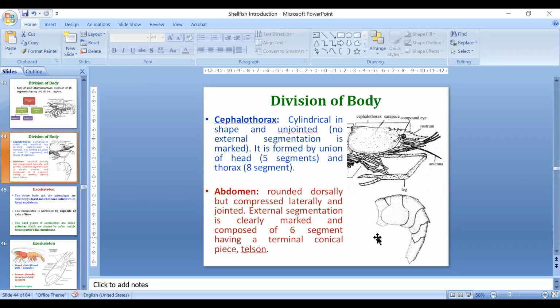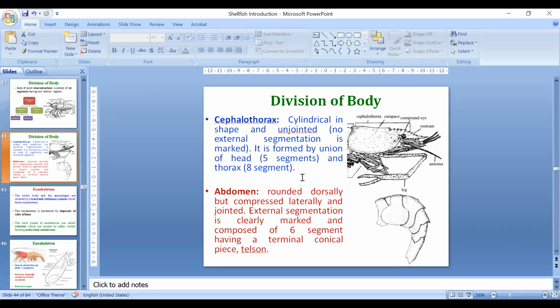But when we come to the abdominal region, here you can see 1, 2, 3, 4, 5, 6, so there are a total of 6 abdominal segments, and each segment is clearly marked. So when we look at the external surface of the animal, the abdominal segmentation is clearly marked.